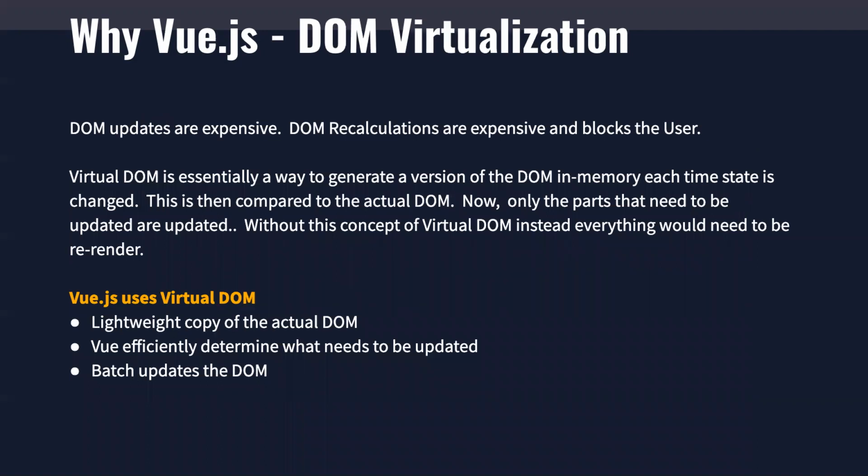So a lot of front-end frameworks do DOM virtualization, or handle the way they render the DOM, or the way they do recalculations on the DOM, which hopefully you're familiar with. This is the document object model, right? This is what the browser is composed of. So when we talk about making DOM updates or recalculations, a lot of times those are very expensive, and that's what front-end frameworks are geared towards.